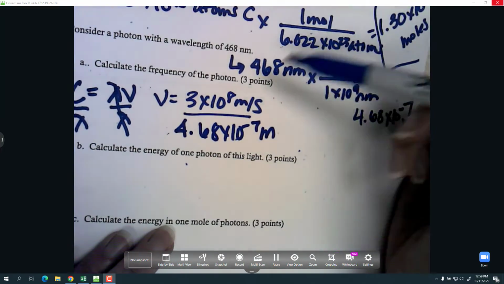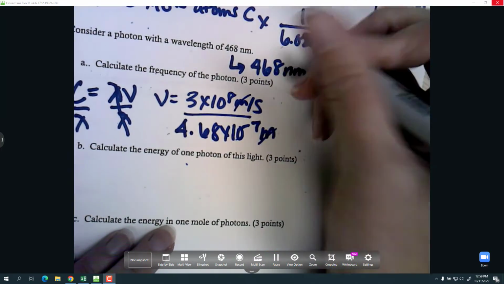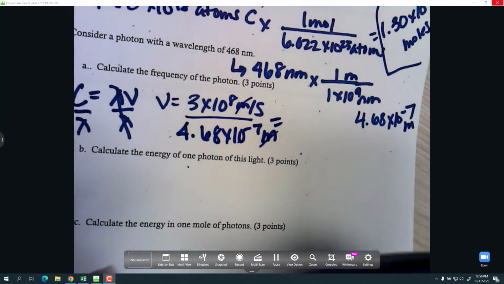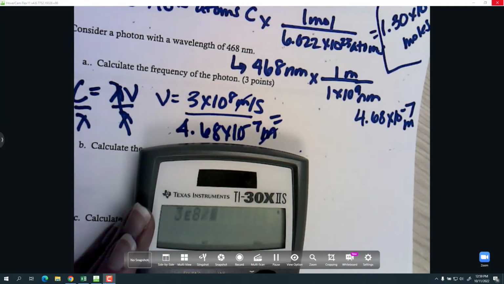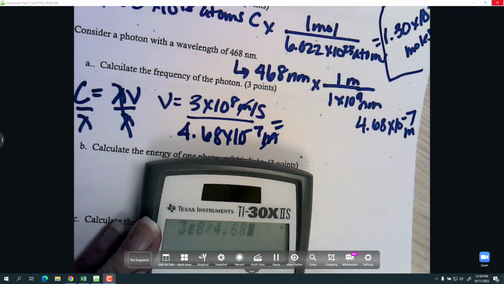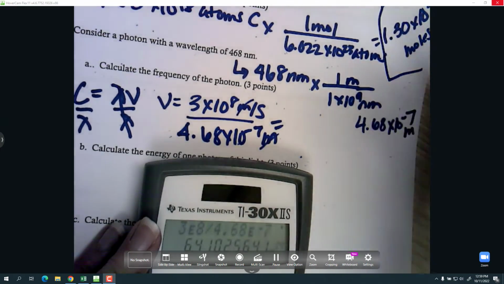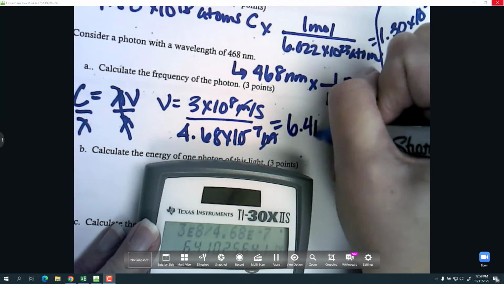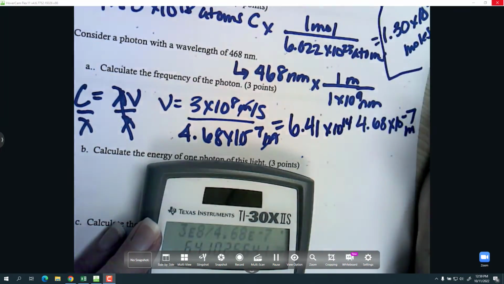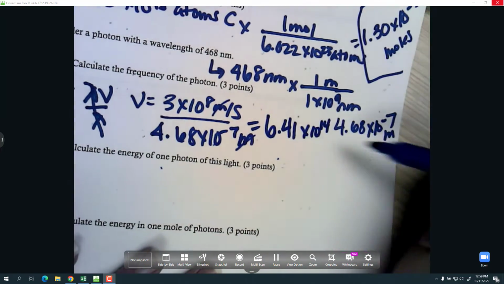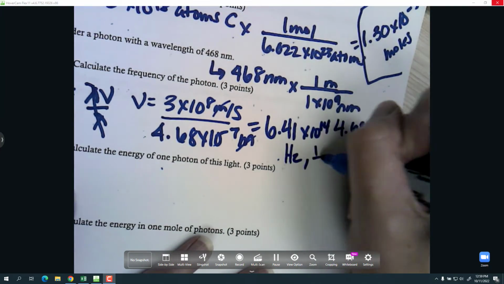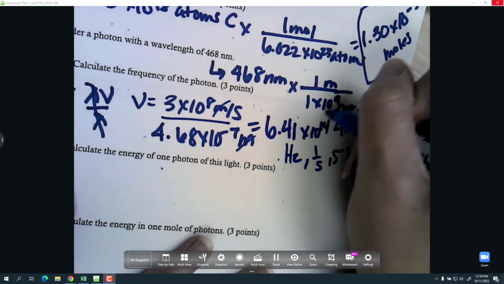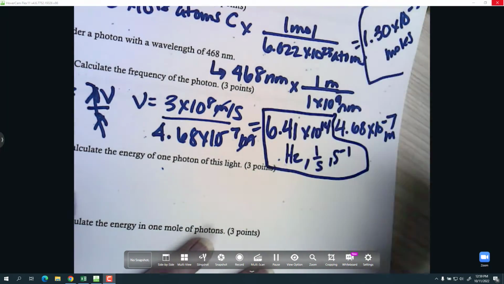So this is why I needed to convert it, right? So that the meters would cancel and I can get an answer in hertz. All right, it's getting kind of messy here, but 6.41 times 10 to the 14th. Remember, the units are hertz, or it could be 1 over seconds, or inverse seconds. All of those are the same. Any one of those units would be fine.